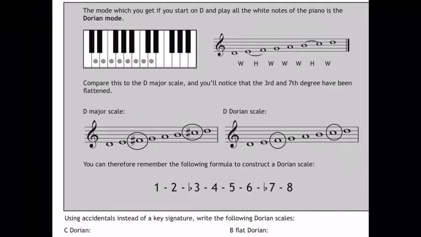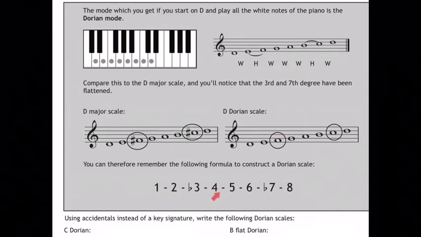So we'll go back to D major for a moment. D Dorian goes from D to D with all white keys. But think of the D major scale for a moment, and you know that D major has F sharp and C sharp. Notice the 3rd and 7th degrees have been flattened when you move from a D major scale to a D Dorian scale.